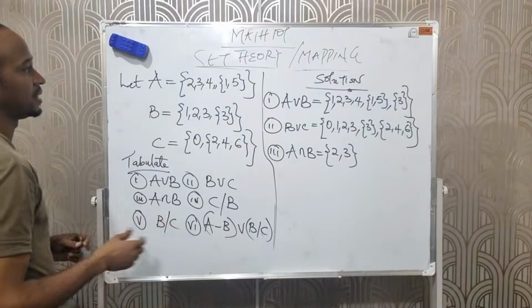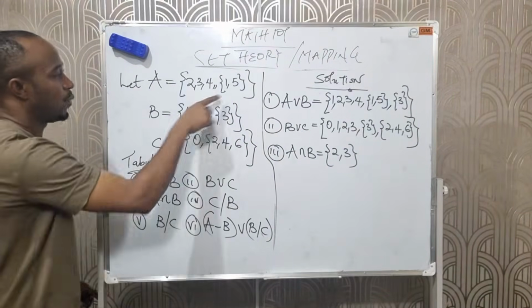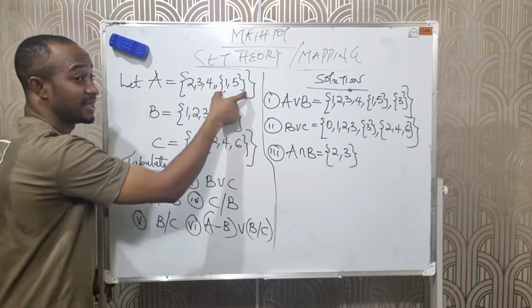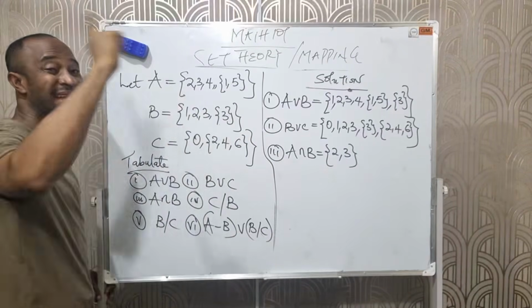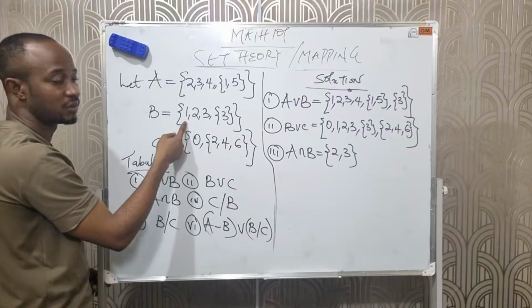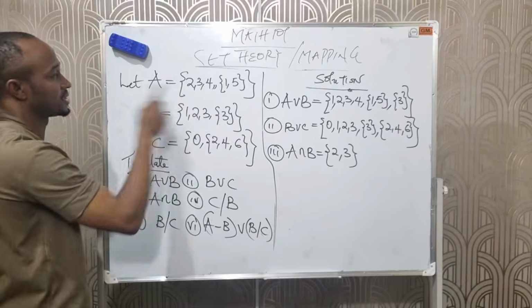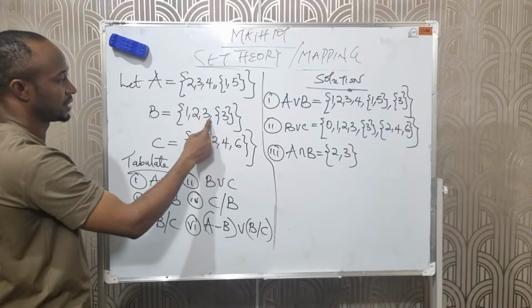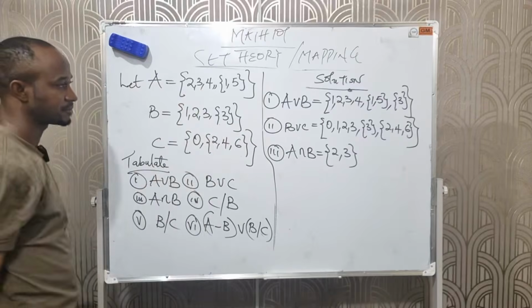Nothing is common. Please, 1 is not common here. These two elements in a set are taken as a single element. So I cannot say 1 is common. What is common between them is just 2 and 3.